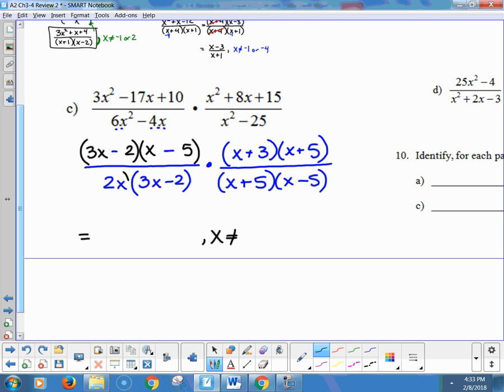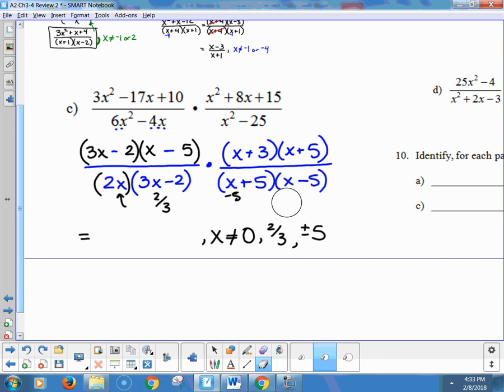Well, if x is 0, this first term would be undefined, so x can't be 0. If x is 2/3, then we have 0 divided by 0, so it can't be 2/3. Can't be 5 or negative 5. So positive or negative 5.